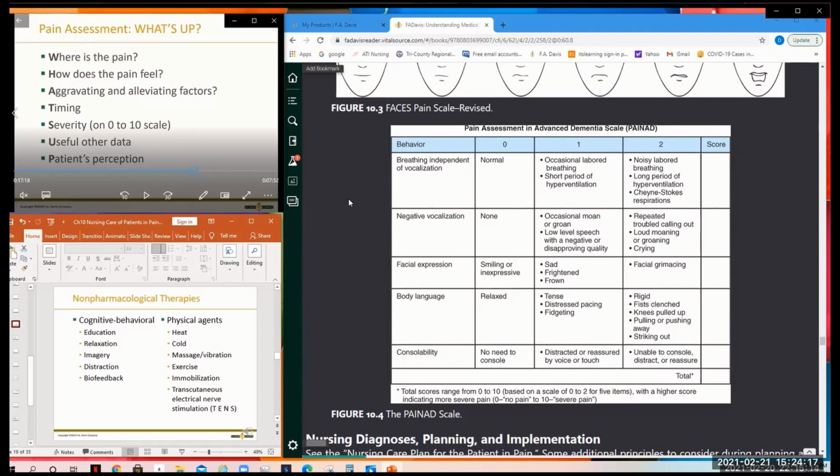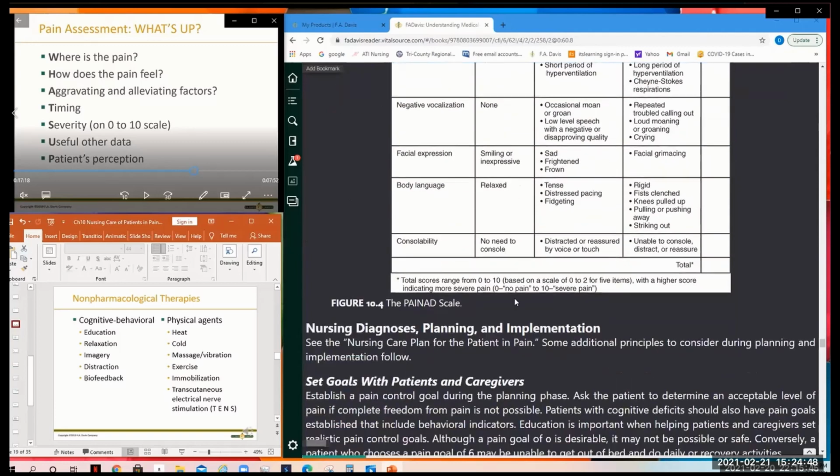But if they are distracted or reassured by a voice or touch, you can give them 1 point. But if you are unable to console, distract, or reassure them, you give them 2 points. So what you end up with is a rating on a scale of 0 to 10. And this is really helpful for other types of patients that are not able to communicate their pain.